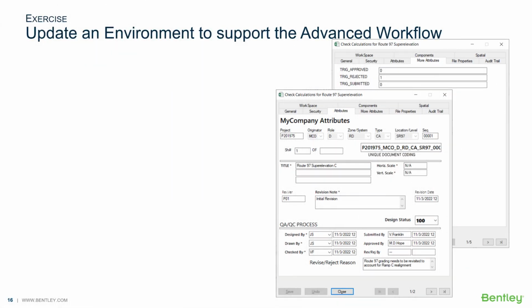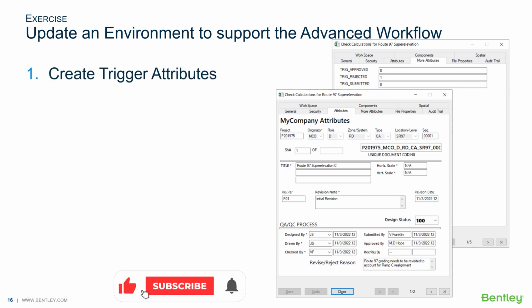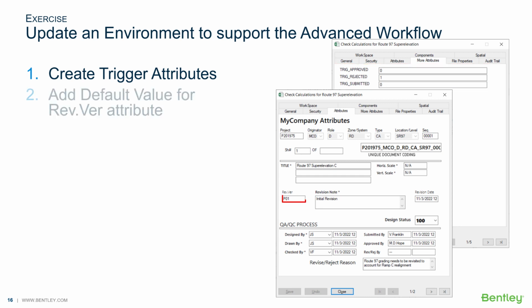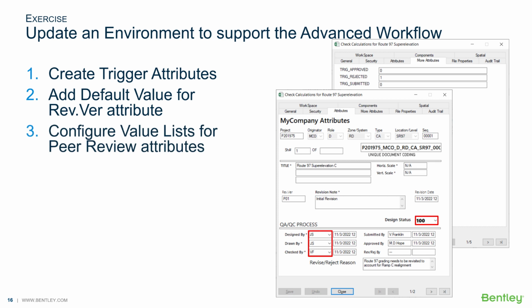Now that we have covered the foundational basics, we can configure the existing My Company environment to meet the project team's requirements. To do so, we have 6 major tasks. 1. Create 3 new attributes to trigger submitted by, approved by, and revised rejected attributes. 2. Add default value to the rev attribute. 3.